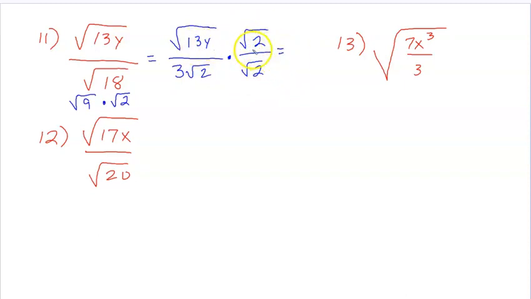Multiplying these two numerators together, I got the square root of 26y. Now, in the denominator, I've got a regular number, so I'm going to set it aside for a second, and now I'm going to multiply these two radicals together. The square root of 2 times the square root of 2 is the square root of 4, which is 2.